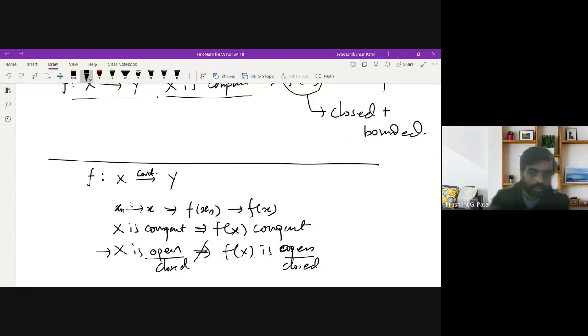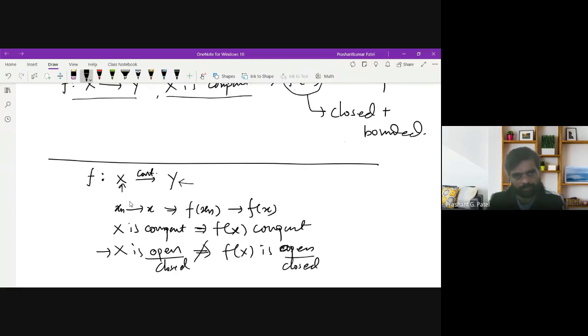Now, certain other questions one can ask. A continuous function preserves convergent sequences. That means if you have a sequence which converges in X, then f of xn is convergent. What about Cauchy sequences? That means if I have a Cauchy sequence in X, will it be Cauchy in Y?